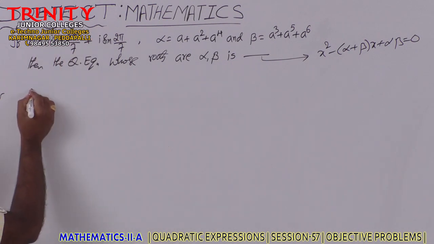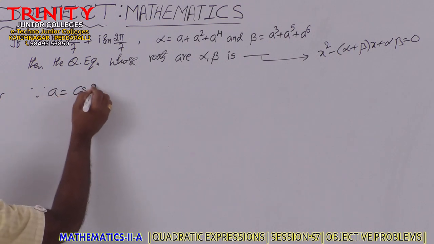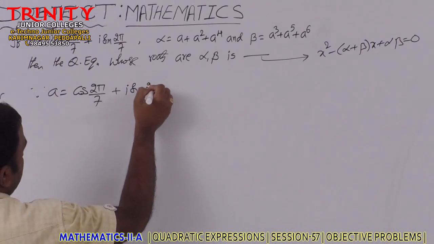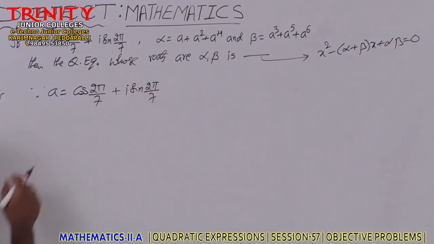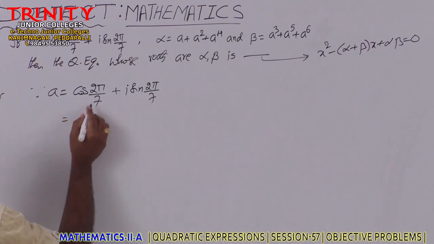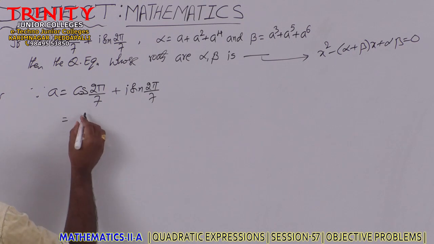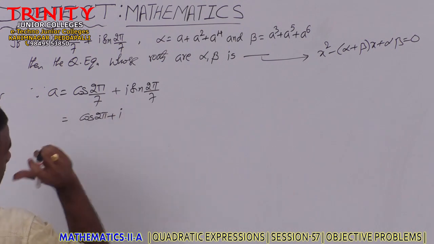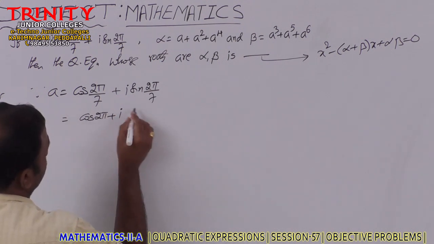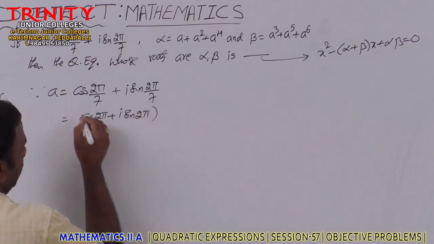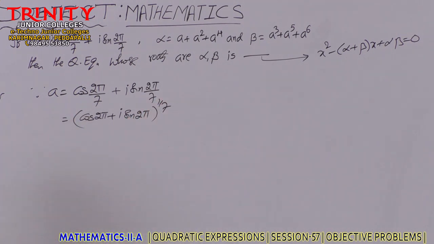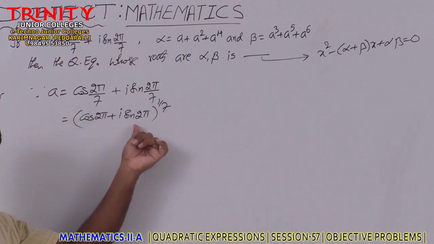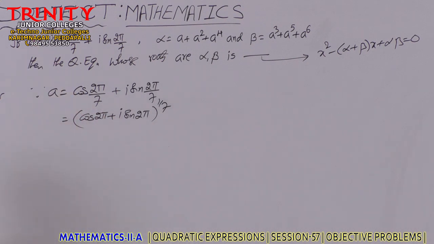What is its meaning? Since a is given as cos 2 pi by 7 plus i sin 2 pi by 7, students, can I write this as (cos 2 pi by 7 plus i sin 2 pi by 7) whole to the power of 1 by 7? (cos theta plus i sin theta) whole to the power of n is equal to cos n theta plus i sin n theta, from De Moivre's theorem for rational index.